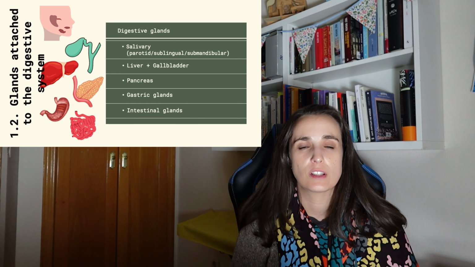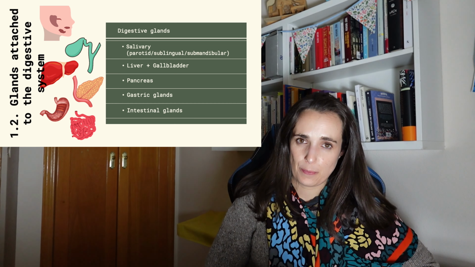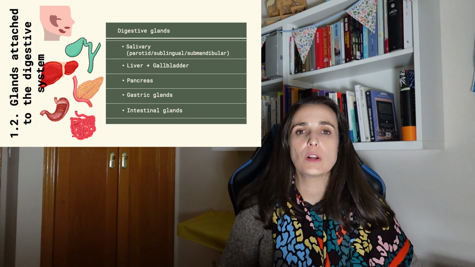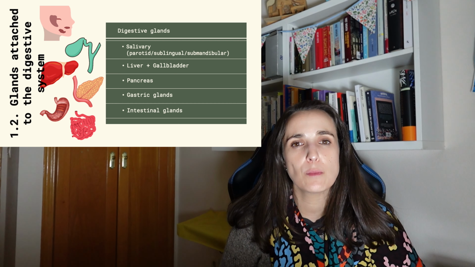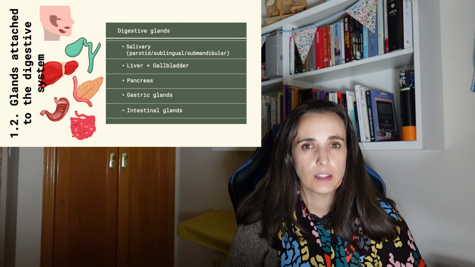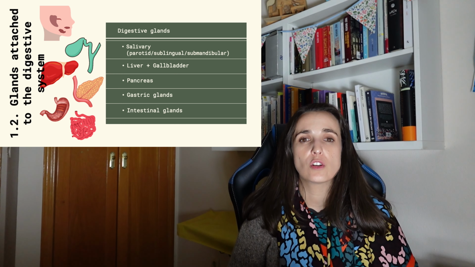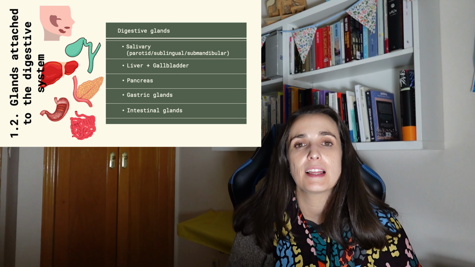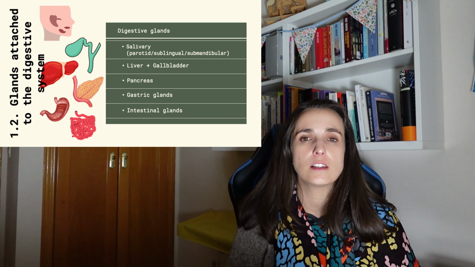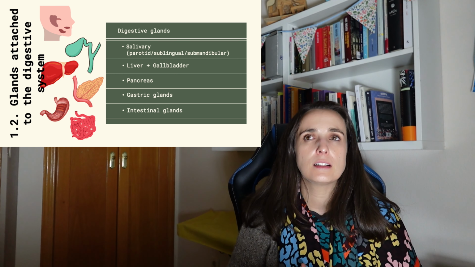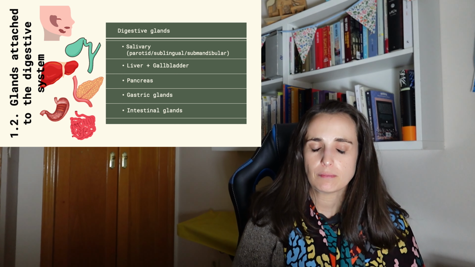Then we have the liver and the gallbladder that will excrete some substances that will go to the small intestine, as well as the pancreas. The pancreas will also secrete substances that will help with the chemical digestion of specifically lipids and some carbohydrates.